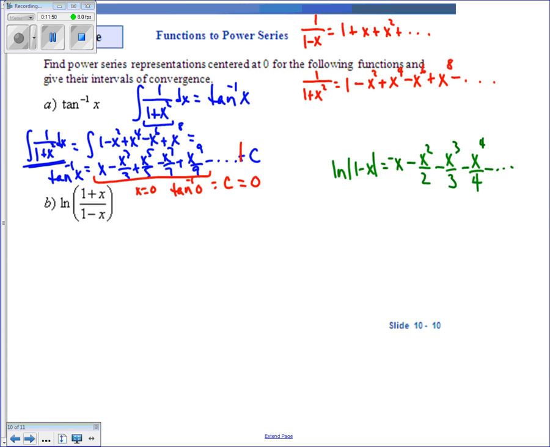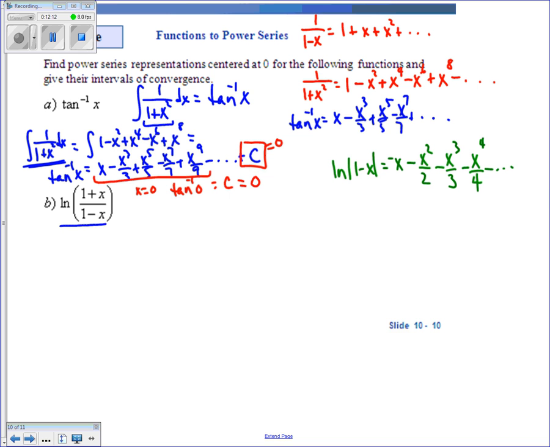So this should just be 0 here, so we don't have to worry about that plus c. So we've got inverse tangent of x equals x minus x cubed over 3 plus x to the 5th over 5. And there's our power series representation.